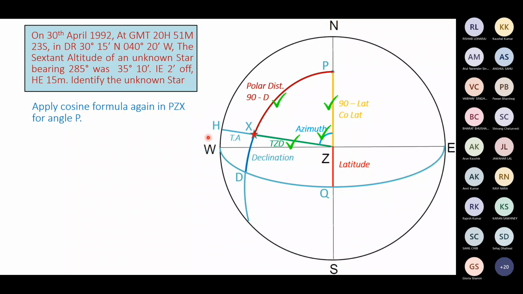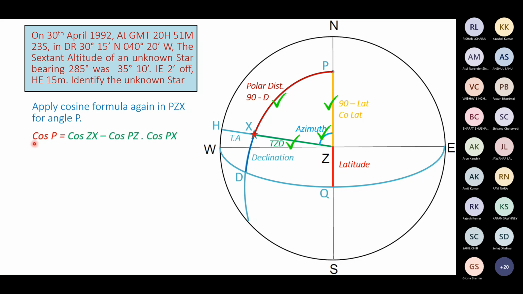The left side of our diagram represents the westerly direction. The right side represents the easterly direction. So the angle at the pole contained between the celestial meridian of the observer and the celestial meridian of the body measured westwards is the LHA. And this is what we are going to find out now. So we apply the cosine formula again, and this time the cosine formula is applied for angle P.